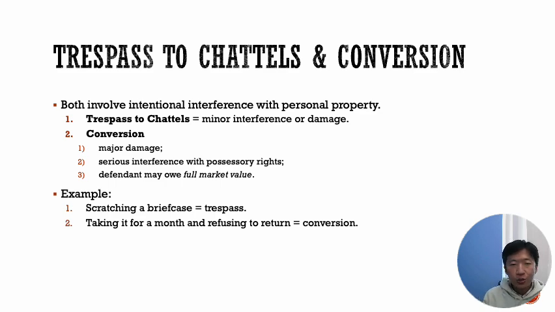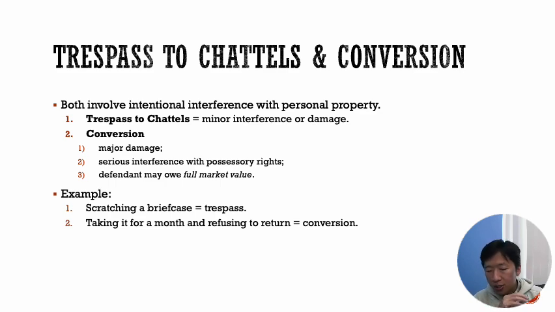Next one, trespass to chattels and conversion. Both involve intentional interference with personal property. So the previous one is the land, real property, and this one is for personal property. Let's see the trespass to chattel. If someone has done some minor interference or damage to another's personal property, that constitutes trespass to chattel.